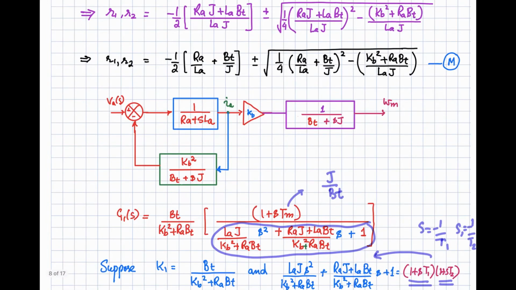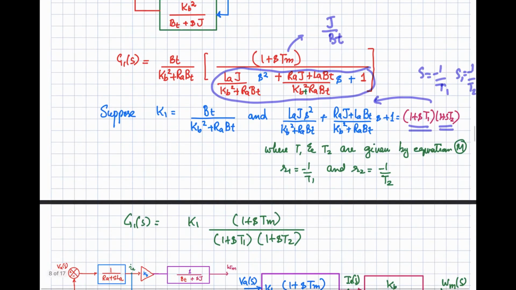So that you can see over here. The roots depend upon Ra, La, Bt and J. These are the four parameters on which the roots depend, and these roots are basically defining T1 and T2. So these two time constants depend upon electrical and mechanical parameters. However, this Tm is purely the mechanical time constant.